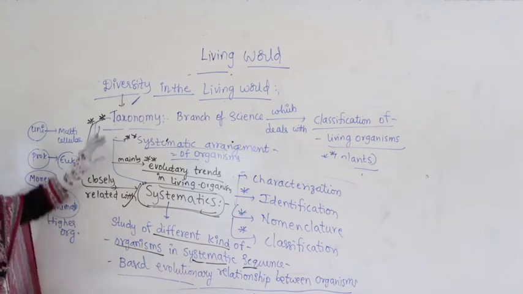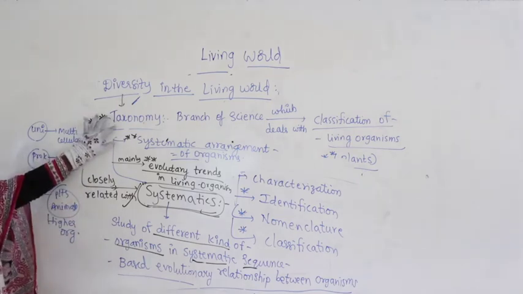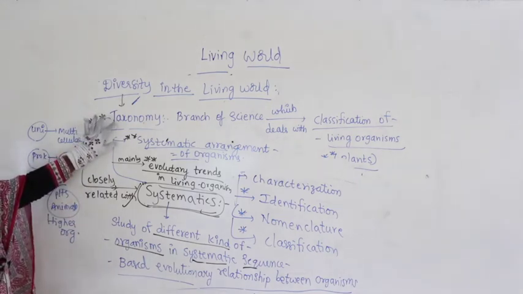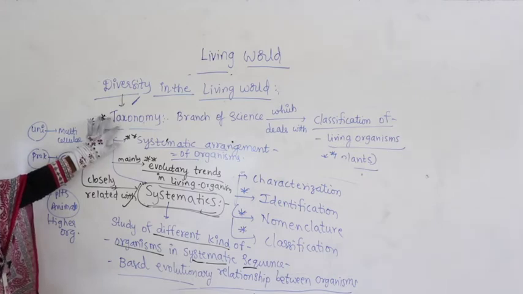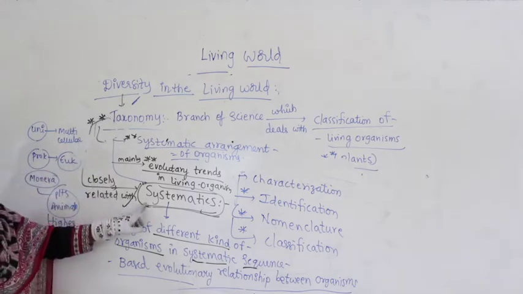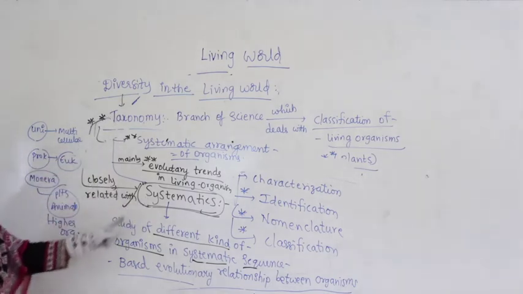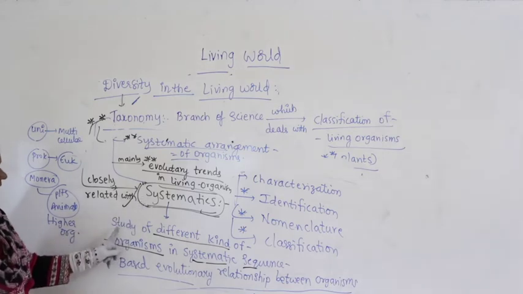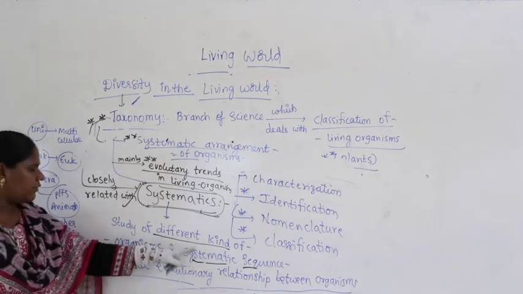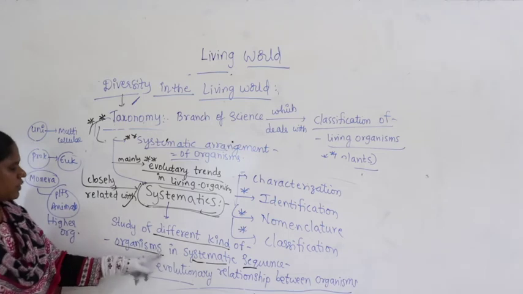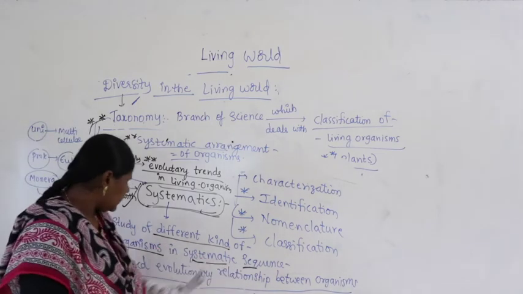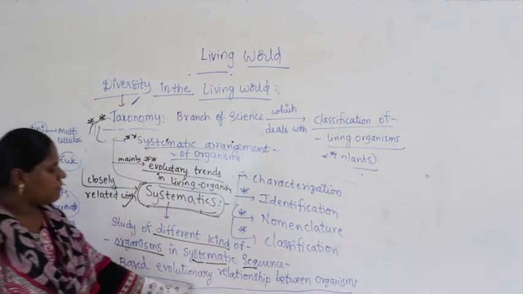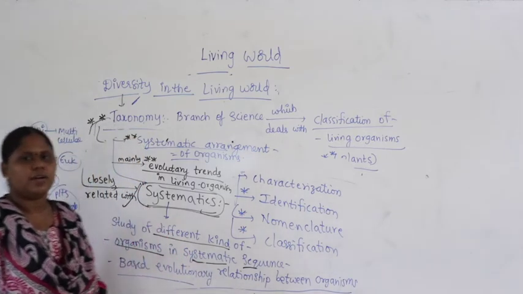Who is the father of taxonomy? We say Carolus Linnaeus. Now, this particular branch of taxonomy is closely related with another branch called systematics. What is systematics here? Systematics is a study of different kinds of organisms which we keep in a systematic sequence based on evolutionary relationship between organisms.